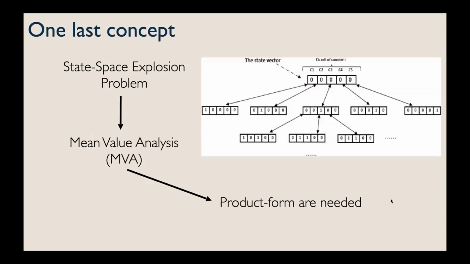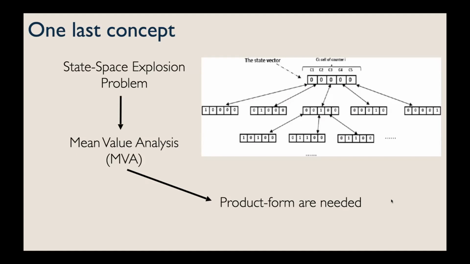One last concept to highlight why product form solutions are so important is that usually when analyzing queuing networks, we face what we call the state space explosion problem. The state of a network is usually given by a vector, whose length is equal to the number of stations in the network, and the elements of this vector are given by the length, at that precise moment, of every queue.